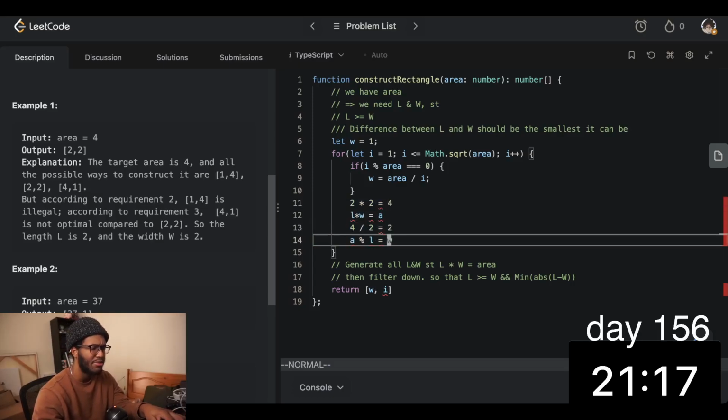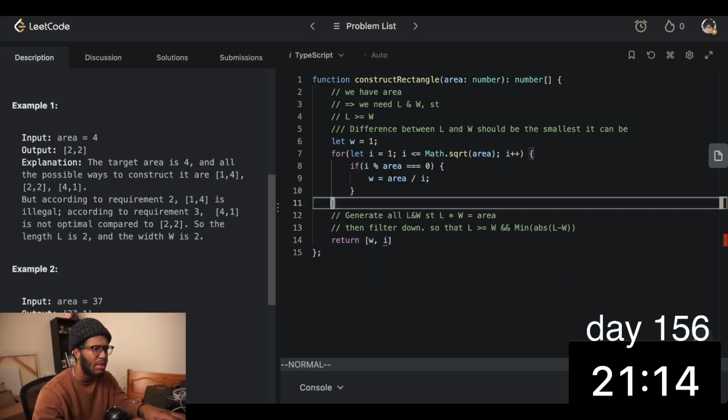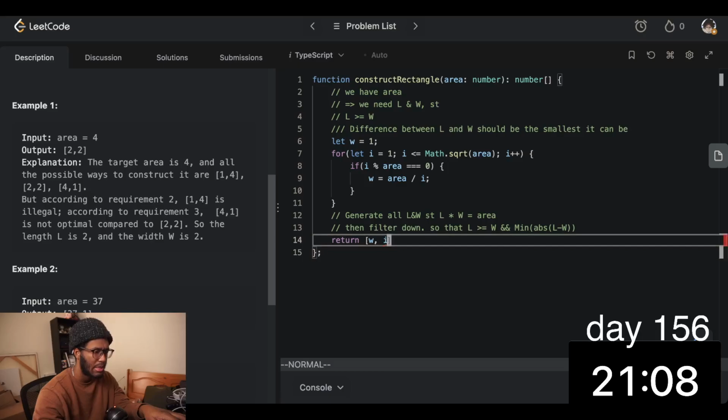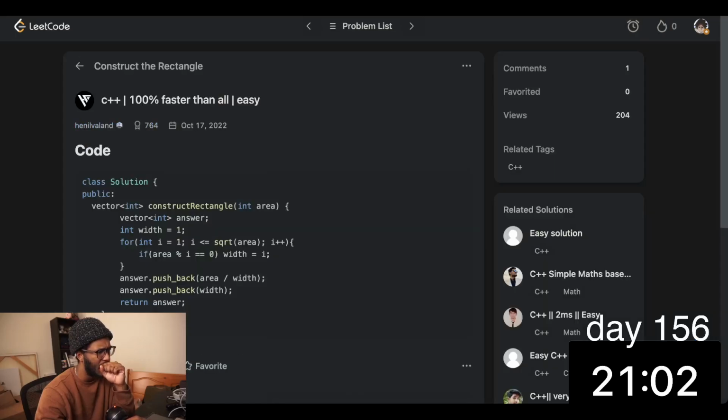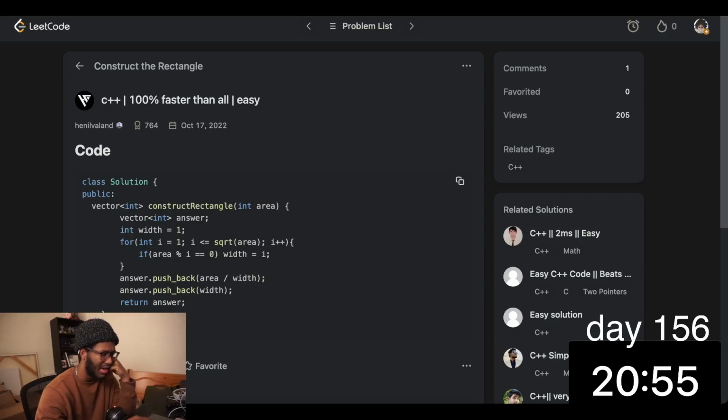Now that I think about it, what did this person do? Width is equal to I. Then do answer dot pushback area divided by width.